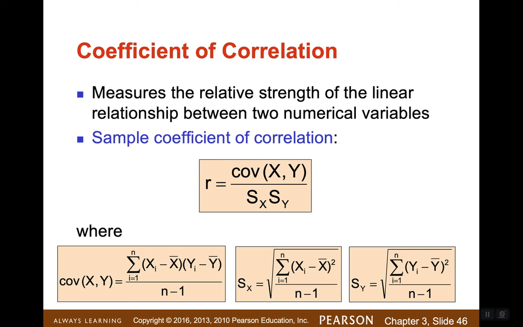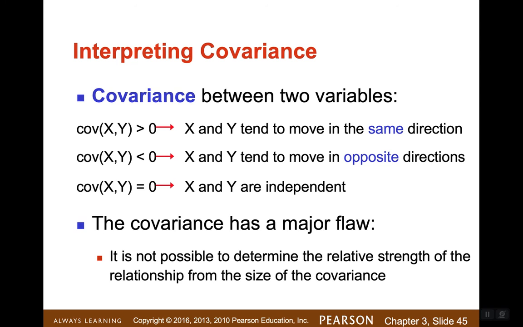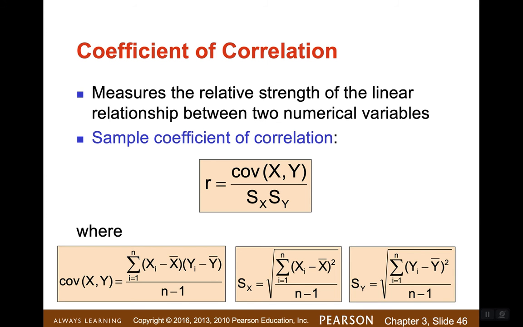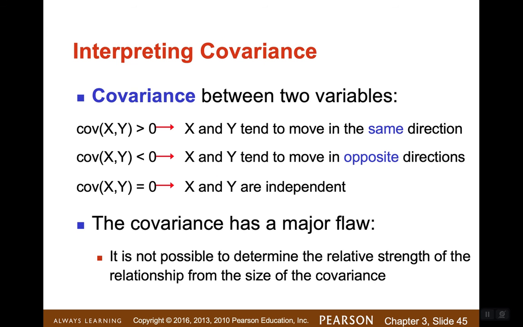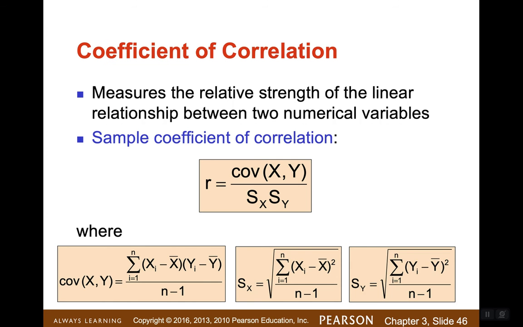For that, we use the coefficient of correlation, which measures the strength of the relationship. The covariance tells us the direction of the relationship, while the coefficient of correlation tells us what the strength is.